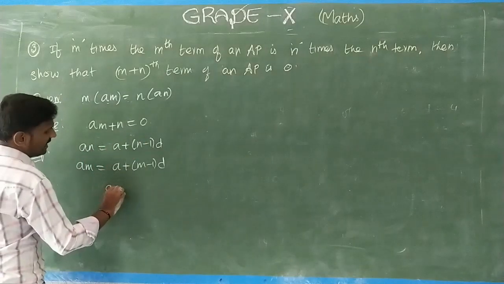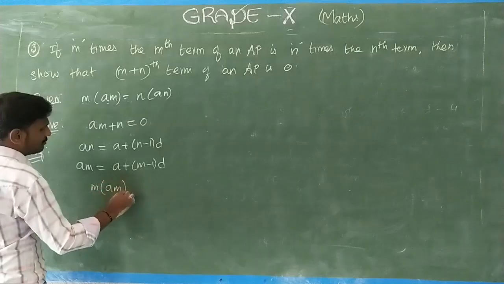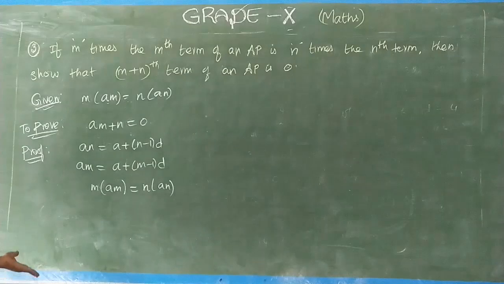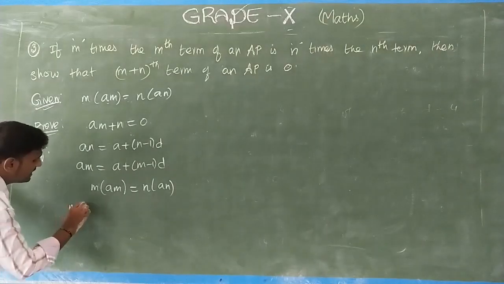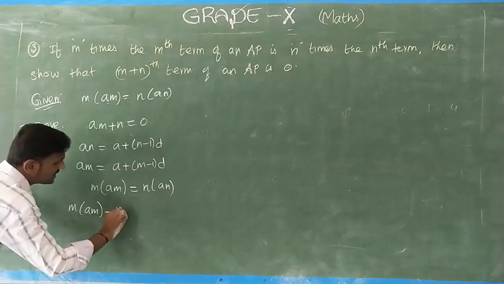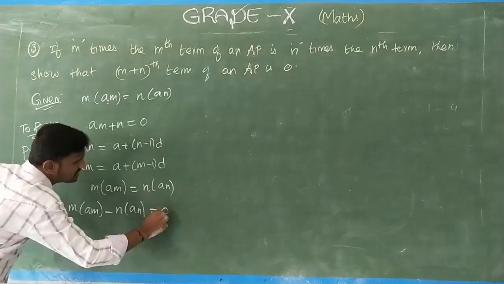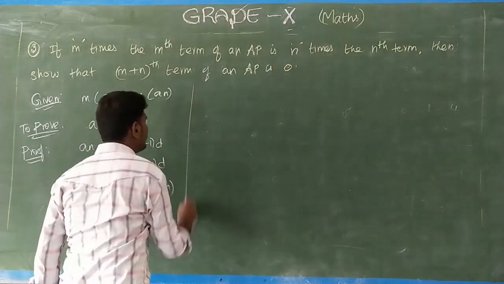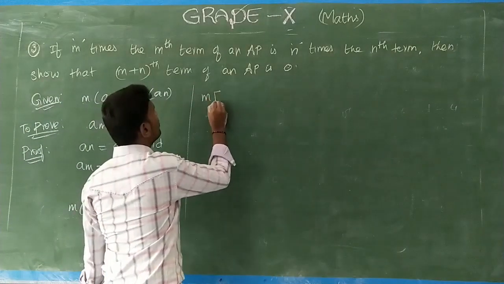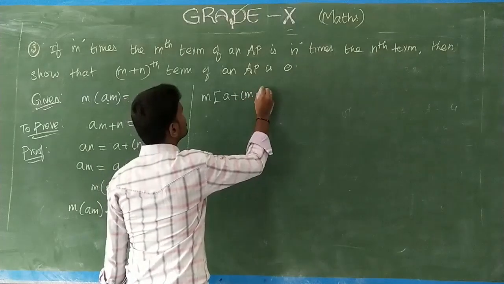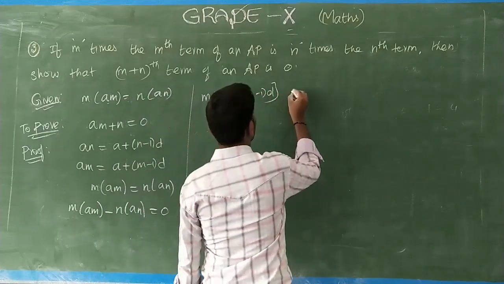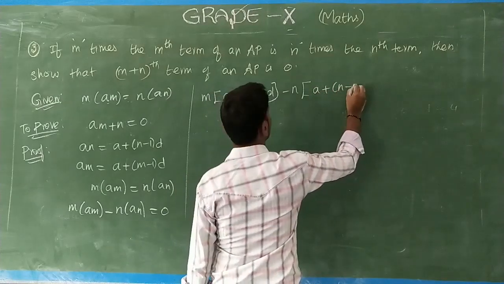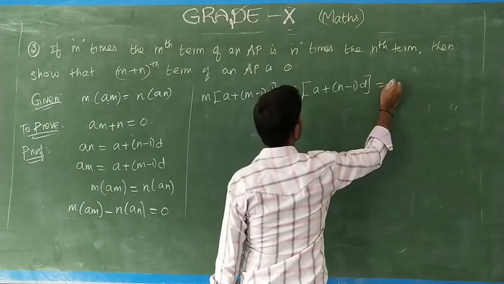Now taking m times am is equal to n times an. Taking all the terms to one side, we get m into am minus n into an, which is equal to 0. Now using the formula, m into (a plus m minus 1 into d) minus n into (a plus n minus 1 into d) is equal to 0.